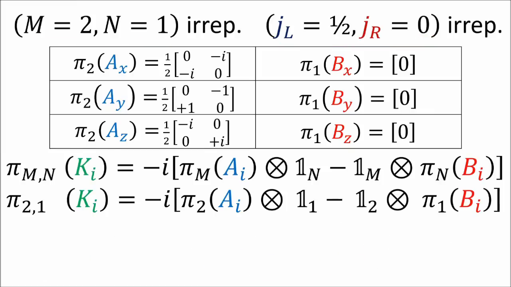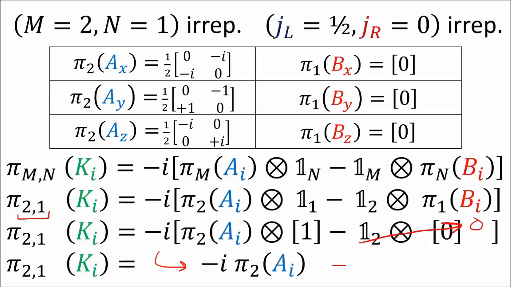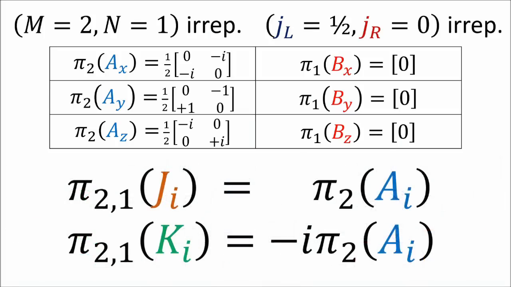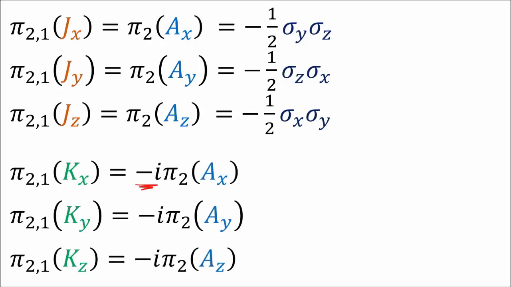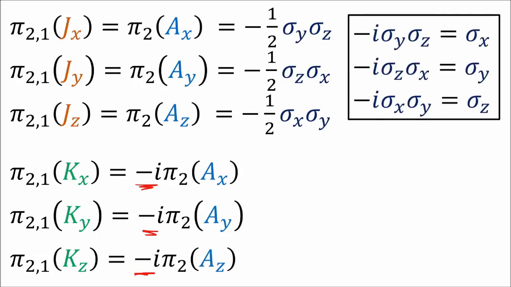For boosts, we get something similar, except there's a factor of -i in front of the matrix. So in this irrep, rotation generators are given by SU2, and boost generators are given by -i times SU2. We know SU2 generators are just -1/2 times pairs of sigma matrices. For boosts, we multiply by -i. But there's a property for the sigma matrices where if we multiply a pair of sigmas times -i, we just get the third sigma.